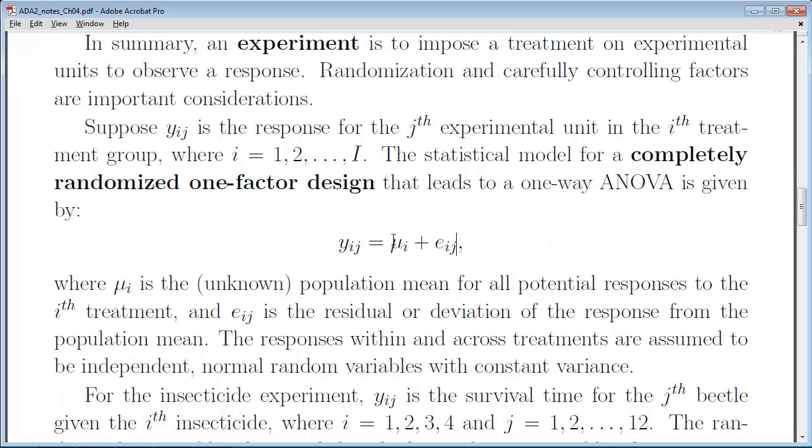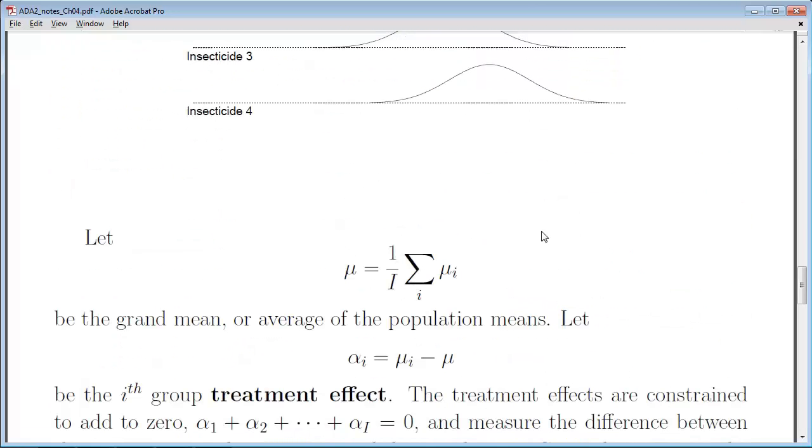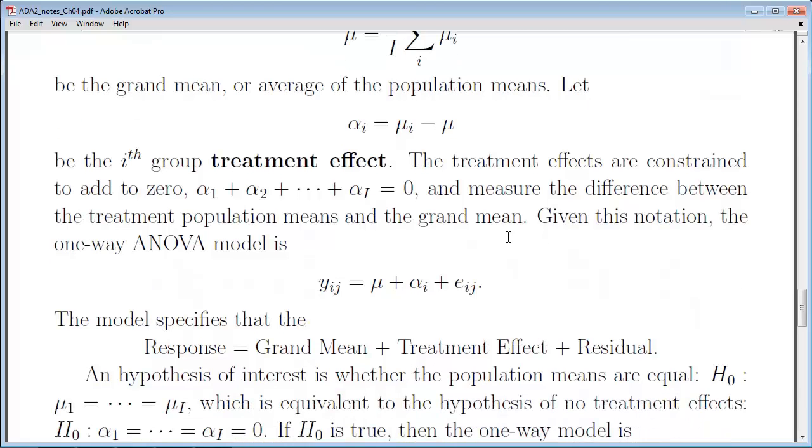No, my apology, page down. R uses this specification of the model. It specifies mu as the intercept, and then the alpha i's are the differences from the intercept. But it forces a third notation that is not shown here.